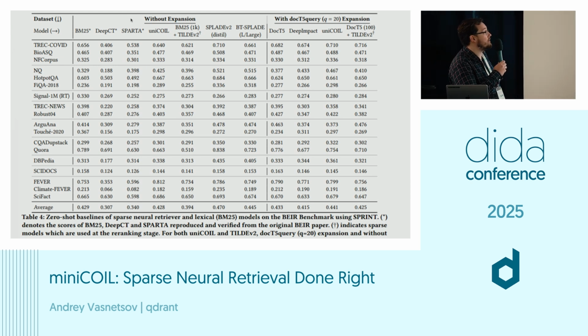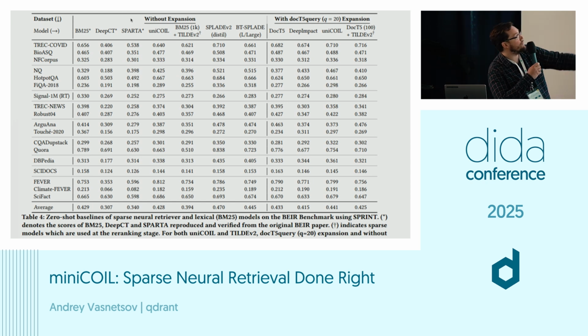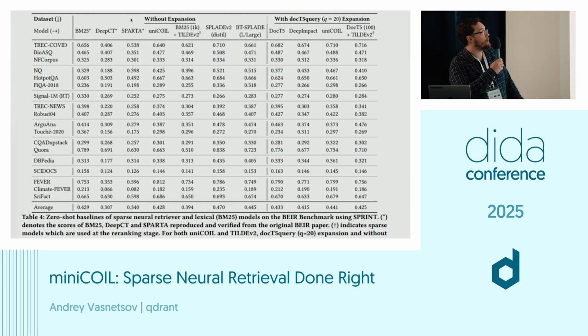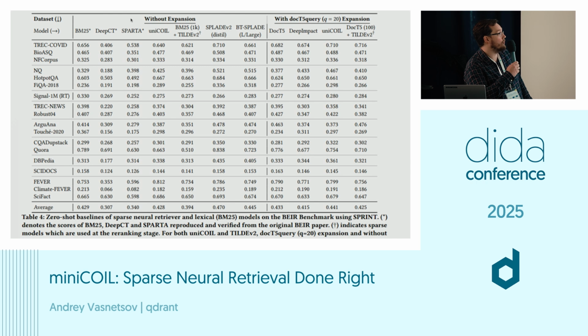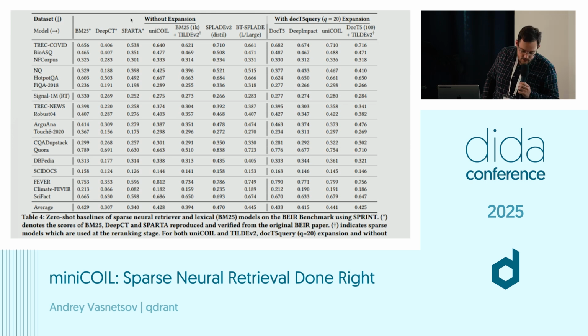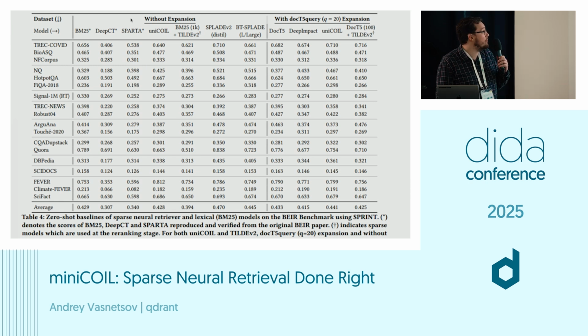And I'm saying this table is lying because this last two columns in the first block, this split models, they actually do have token expansion. It's just implicit inside the model. That's why you might have expectation that they work better, even though they actually just hack it by introducing more data into the pipeline. But overall, what I want you to notice in this is that there is a baseline.